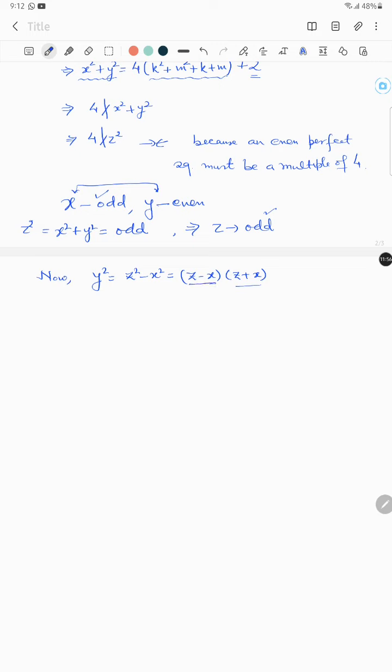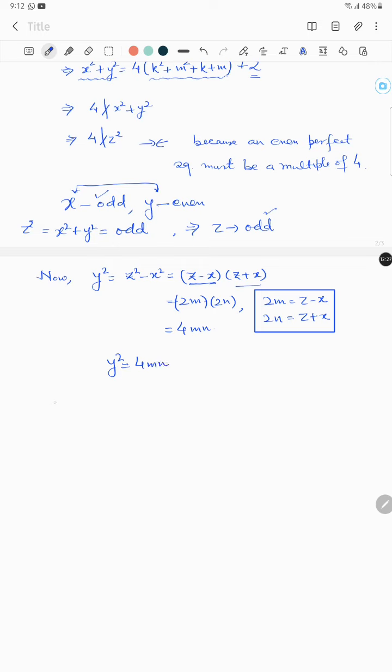So I am writing 2 times m in place of z minus x and 2 times n in place of z plus x. So here 2m equal to z minus x and 2n equal to z plus x. I am writing it in a box, I have to use it afterwards. So this is 4 times mn. That means y square is 4 times mn.